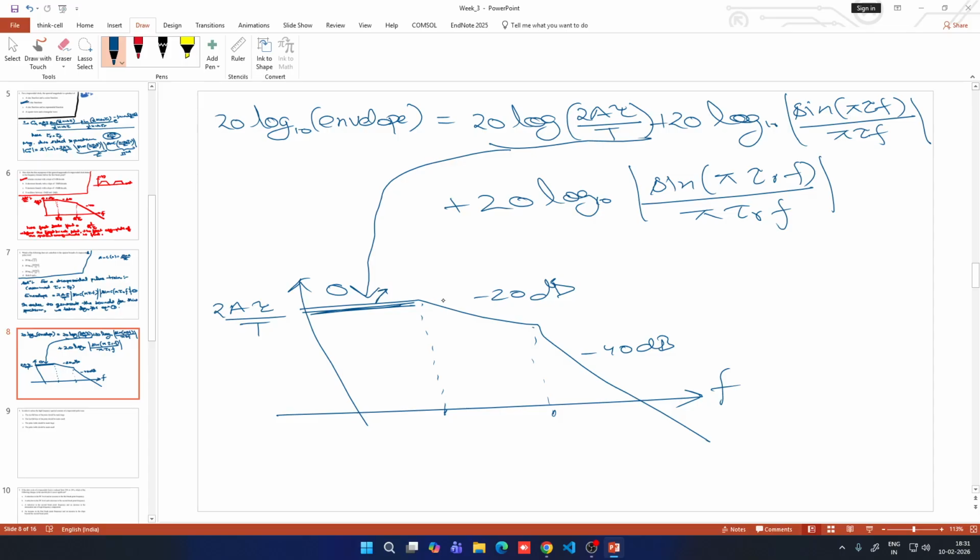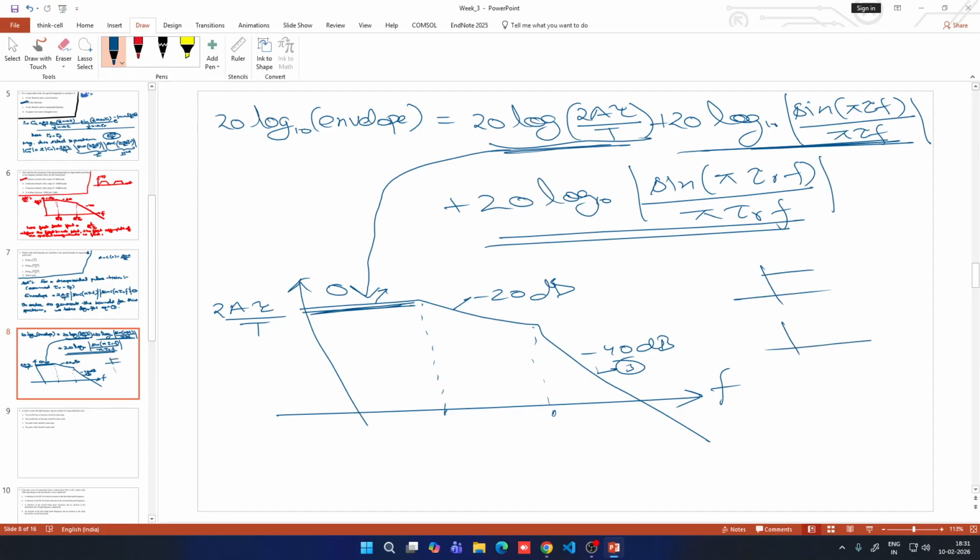Plot 1 is given by the first term, plot 2 is given by 20 log 10 sin(pi tau f) by pi tau f, and the third part is from the last term. So plot 3 is 20 log 10 of the last term. It can be the sum of these 3 plots. Something like that, that's what I'm saying.